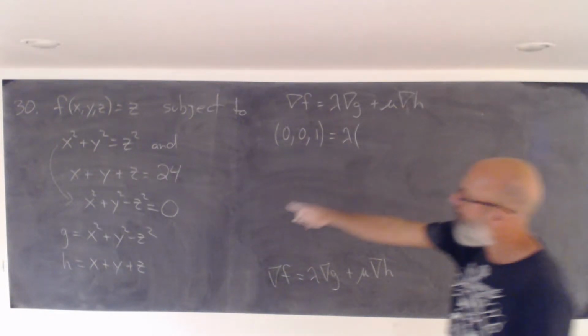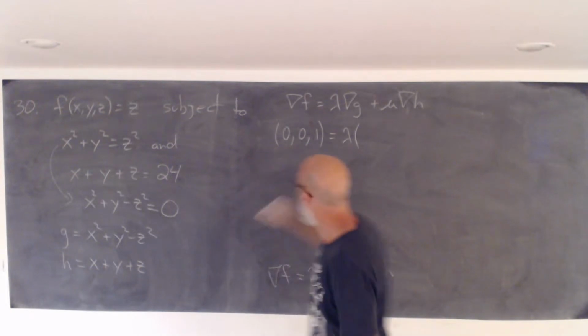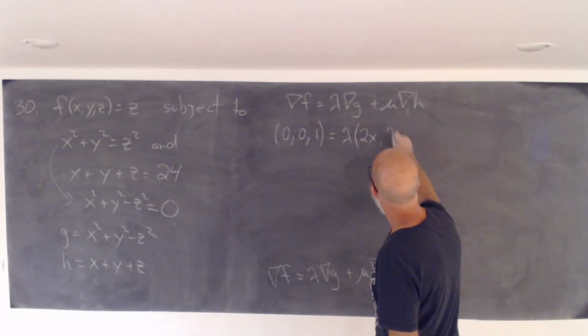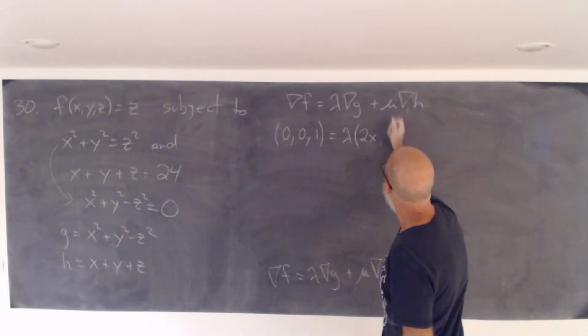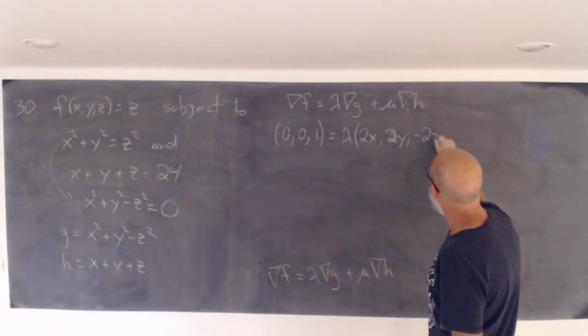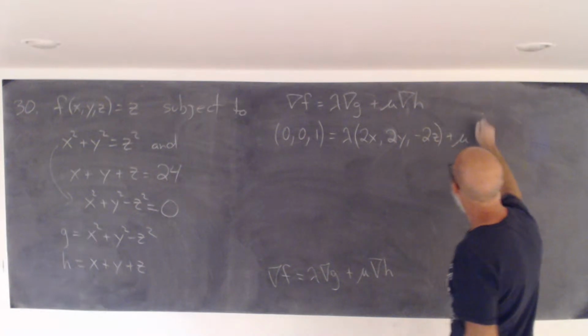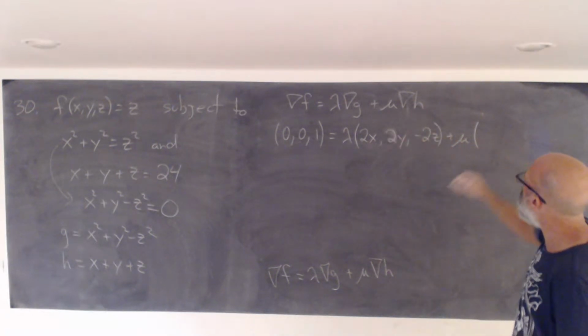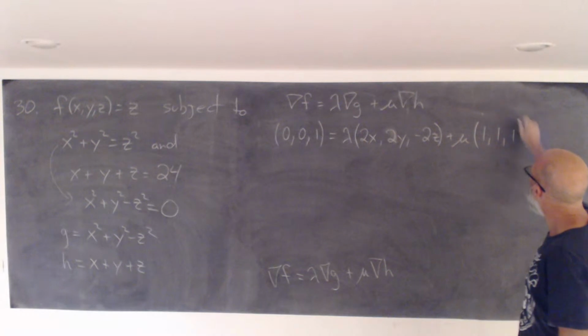Gradient of g is 2x, 2y, minus 2z. Gradient of h is 1, 1, 1.